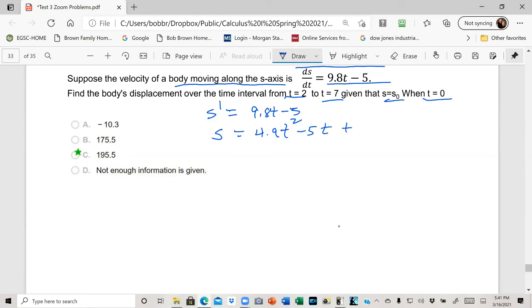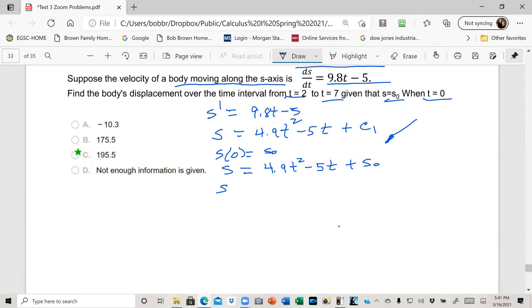plus a constant. Now we're told that s at 0 is equal to s sub 0. So s is equal to 4.9t squared minus 5t plus s naught. Now we're not given s naught, the initial position, but we're asked to find the displacement.